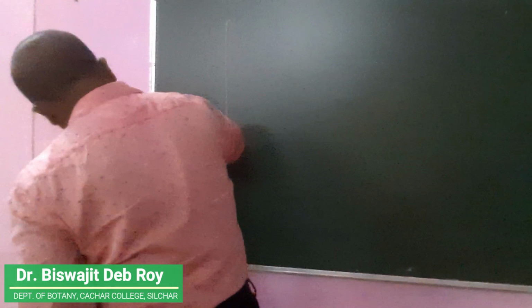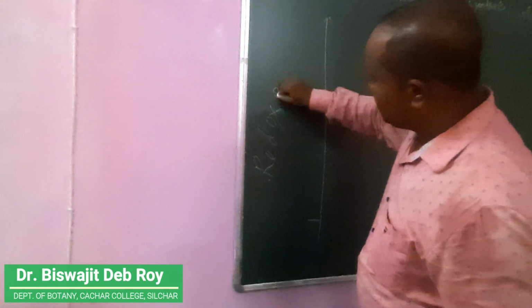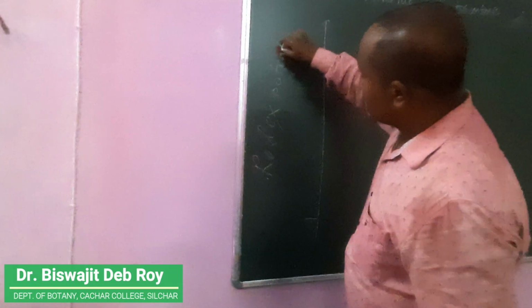Now there is a curve where this axis is the redox potential, the oxidation reduction potential.